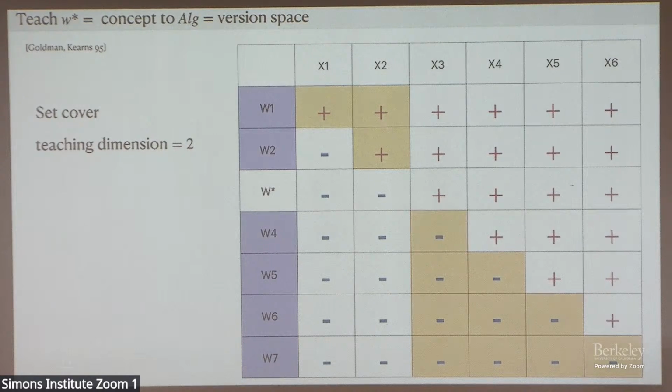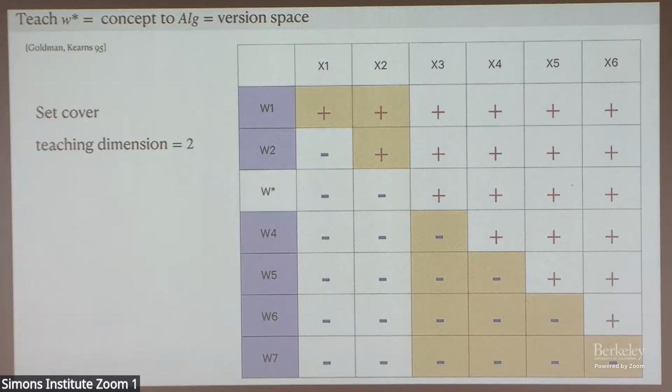I just wanted to make a comment, just to connect it to some stuff earlier in this workshop. In addition to the connections that Jerry drew, the applications of machine teaching, there is a further application to program synthesis, which uses this notion of teaching dimension that he just described on the slide.